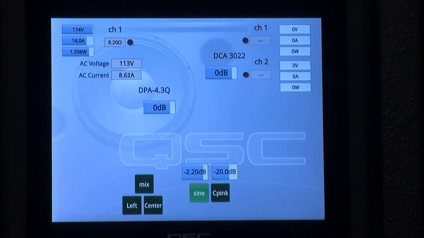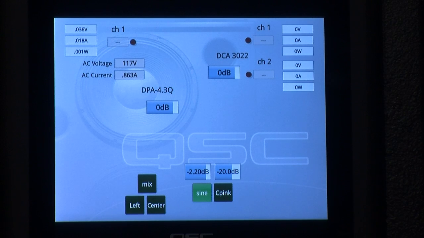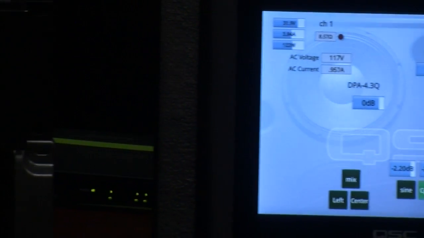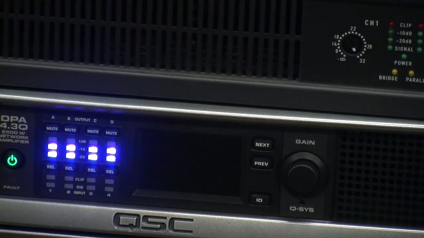Let's mute the sine wave right now, and let's see what kind of rating we're going to get with pink noise. So we'll apply pink noise to the amplifier, and we'll begin to turn that signal up until we see some sort of clipping or limiting from the amplifier. So we're at minus 20 right now. Let's go to minus 10, see what happens.